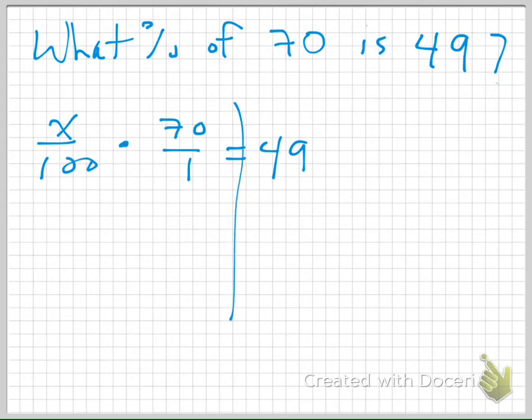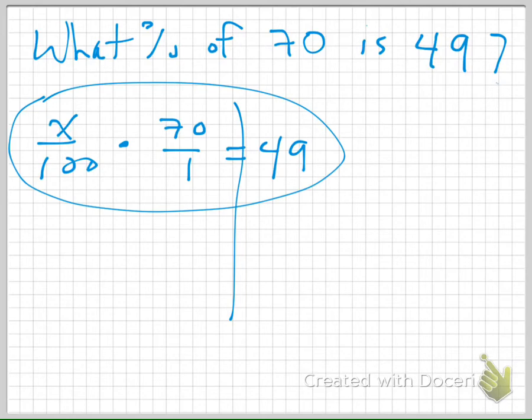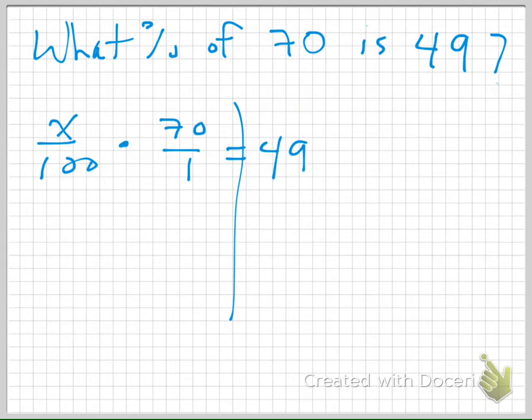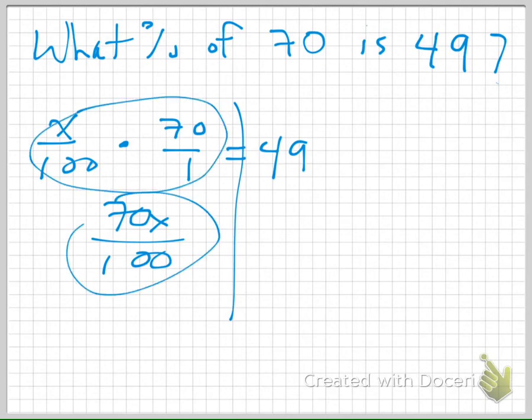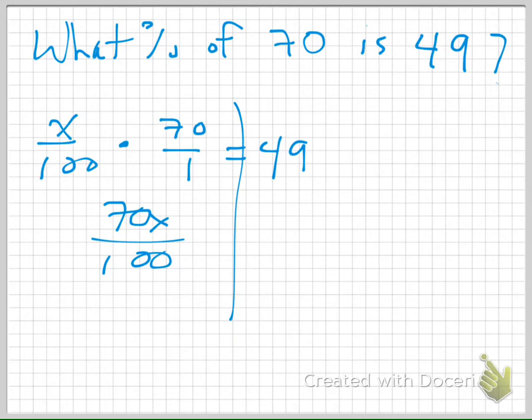Can't we just solve this now? Isn't this just an equation? What do I do with this? Isn't x times 70, 70x over 100? Don't you agree with that? If you don't get it, let me know. So 70x over 100 equals 49.